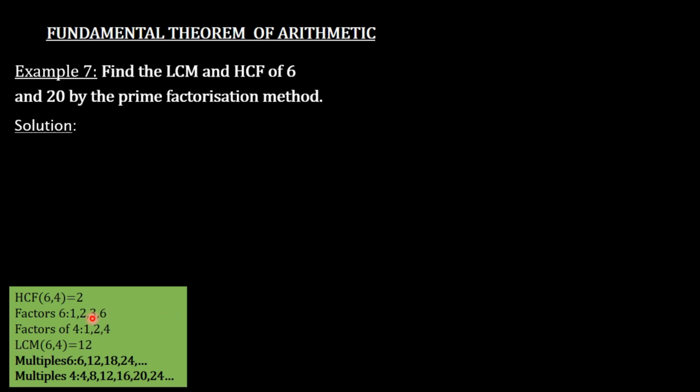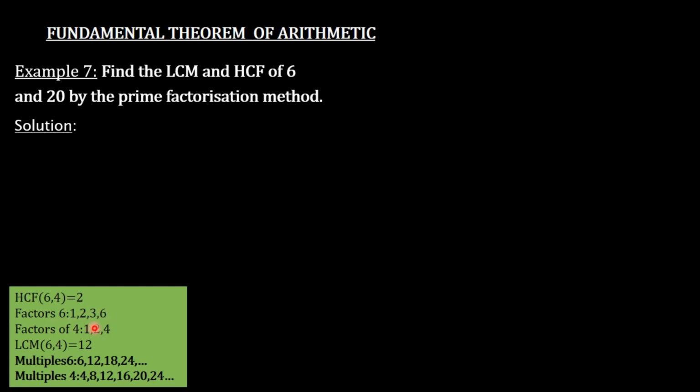That is highest common factor. In order to find the HCF of 6 and 4, at first we have to find the factors of 6. Those numbers which divide 6 completely, leaving a remainder 0. Those numbers are 1, 2, 3 and 6.